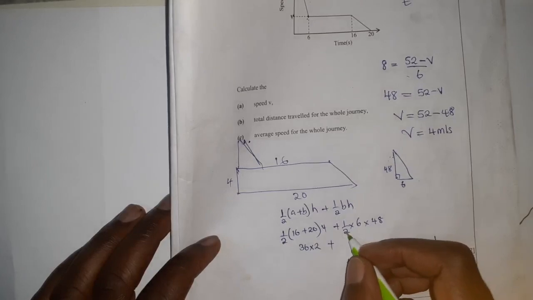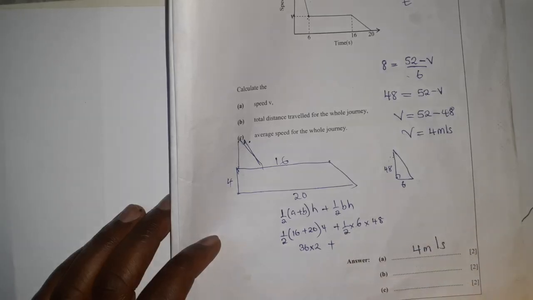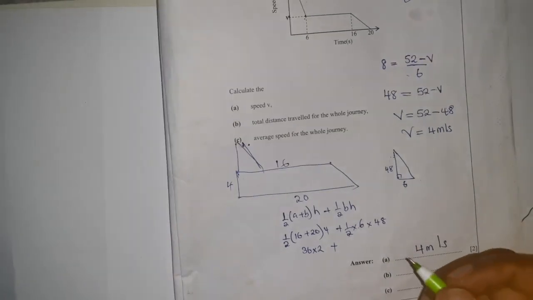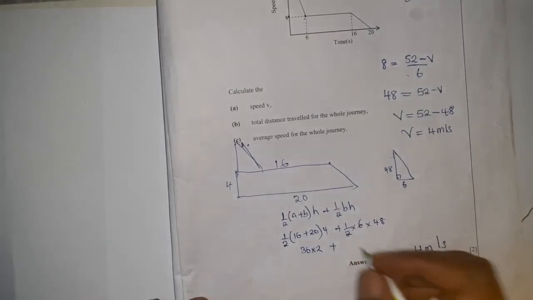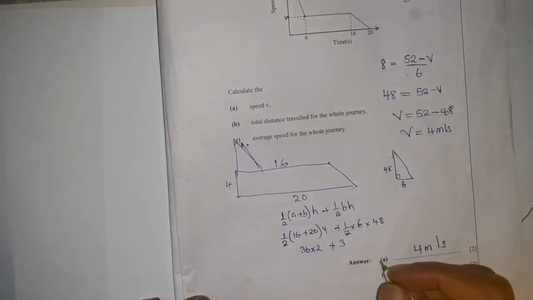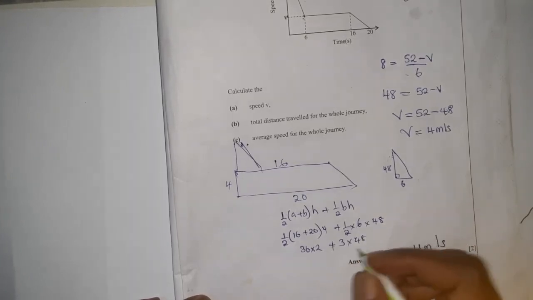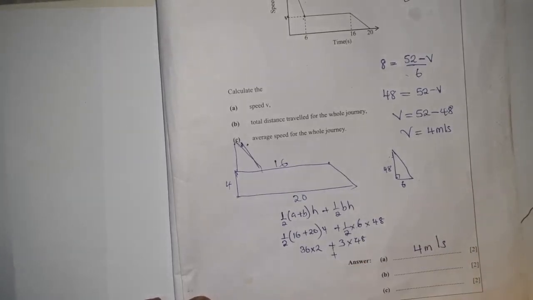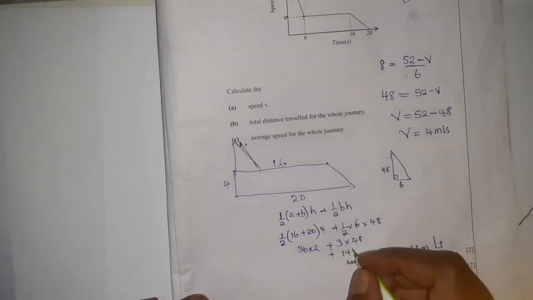Plus, also this 2 can go into 6. How many times? 3 times. Okay? So 3 multiplied by 48. So what do we get? We can try to multiply. This is going to give us 144.